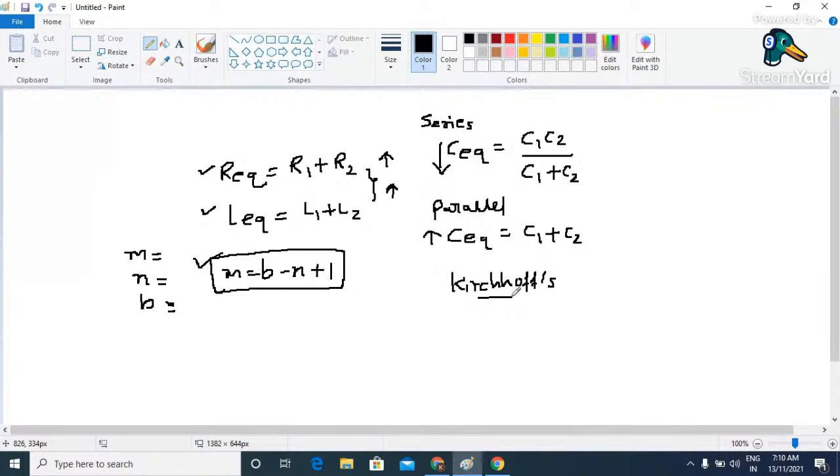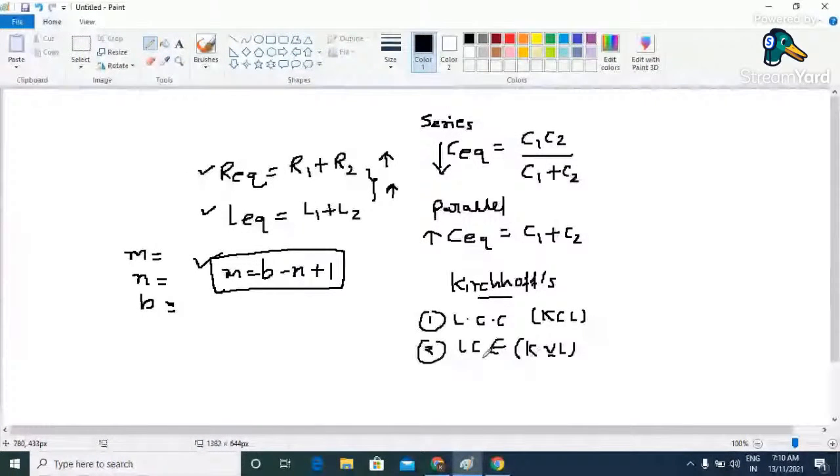They are simply applications of the law of conservation of charge, which is Kirchhoff's current law, and the second one is the law of conservation of energy, which is also called Kirchhoff's voltage law. Why is Kirchhoff's voltage law called the law of conservation of energy? Because voltage is proportional to energy. The fundamental definition of voltage or potential is energy per unit charge. That's why V is proportional to E.